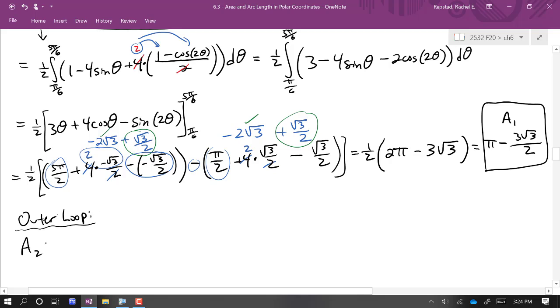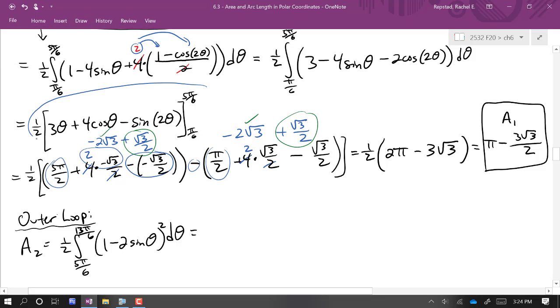I'll call that A2. That's 1/2 integral from 5 pi over 6 to 13 pi over 6 of 1 minus 2 sine theta squared d theta. It's the same integral, just different limits. So I'm going to take this expression that we already found here, right?